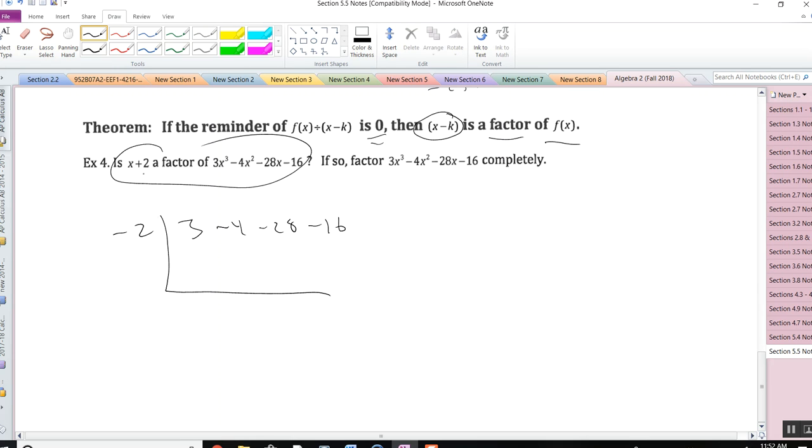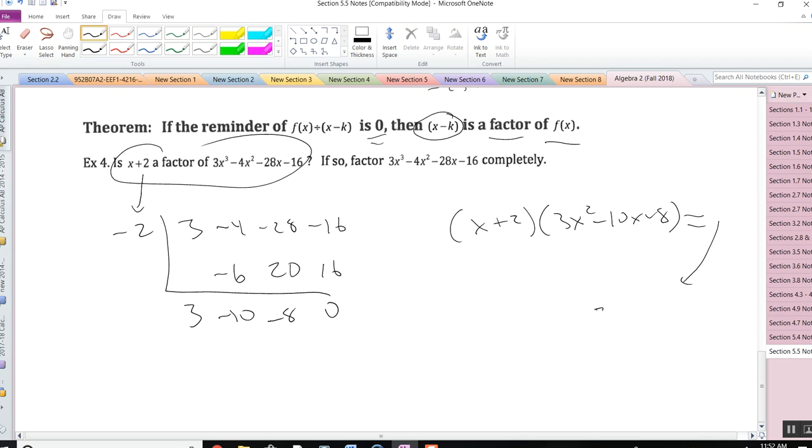We'll put a negative 2 on the outside because that makes x plus 2 zero. Drop the 3, multiply, add, multiply, add, multiply, add. So what this tells me is that x plus 2 times 3x squared minus 10x minus 8 is going to equal 3x cubed minus 4x squared minus 28x minus 16, there we go, sorry about that. So it's a way of factoring, actually.